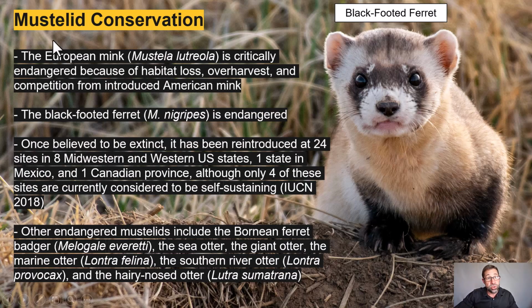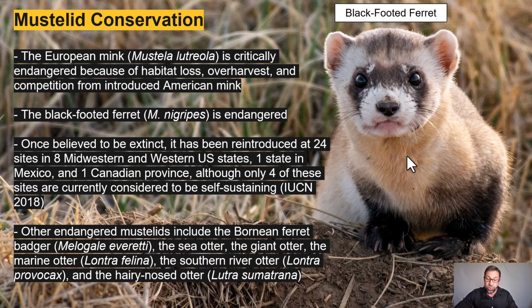With respect to mustelid conservation, the European mink is critically endangered because of habitat loss, over-harvest for their pelts to make mink coats, as well as competition from the introduced American mink in Europe. The black-footed ferret, which is shown here, is on the endangered species list.